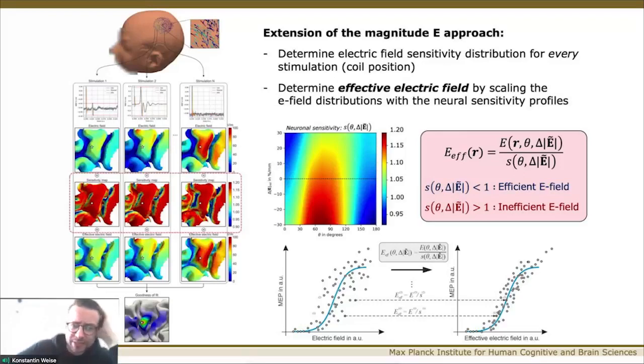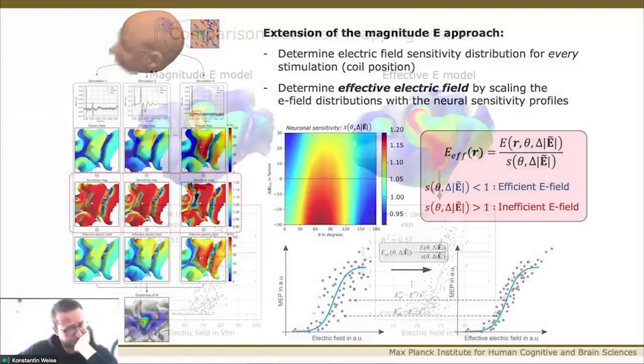What we did was we simply weighted our electric field distributions in this new additional step, and performed the regression as before with the effective electric field and not with the raw electric field. Our hypothesis is that we could explain more variance in the data.